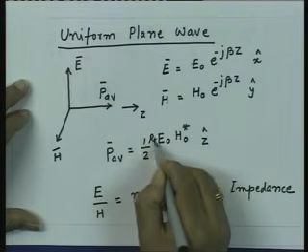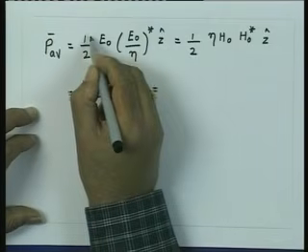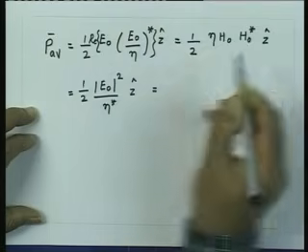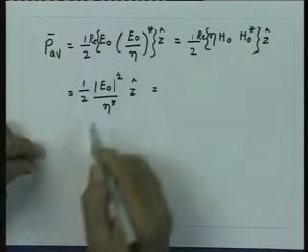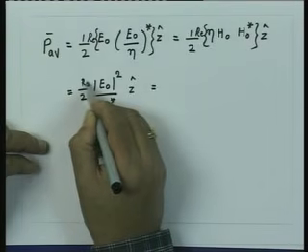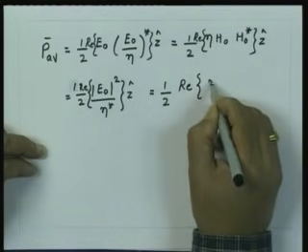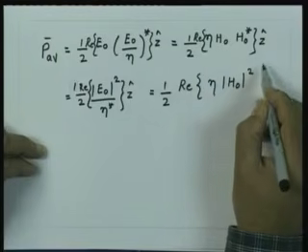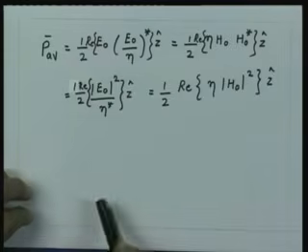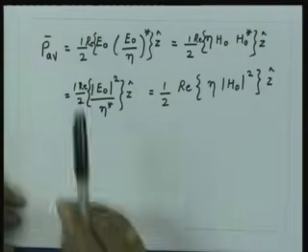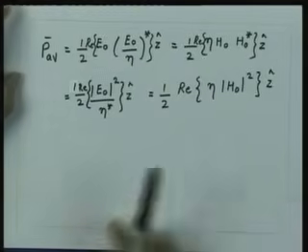So this is a real part of this quantity, and the same thing here, this is again a real part, and will be half into real part of eta times mod of H naught square into Z. So from here essentially we can find out the average power flow associated with the uniform electromagnetic wave in an unbound medium.